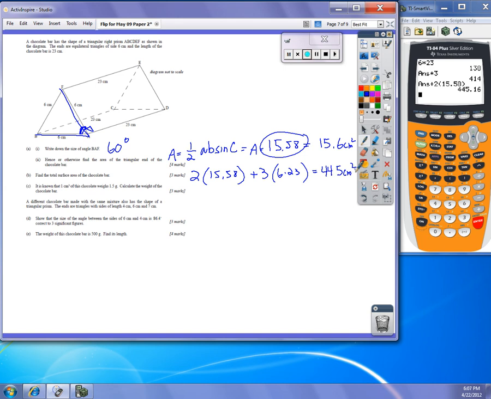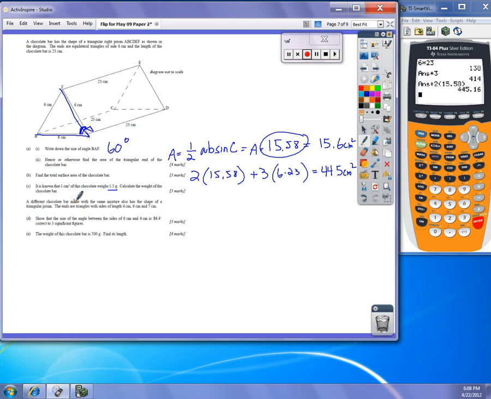Then the next thing they ask us to do is to find the weight, and it weighs 1.5 grams for every centimeter cubed. Well, as soon as you see centimeter cubed, you know that you're going to have to find the volume.